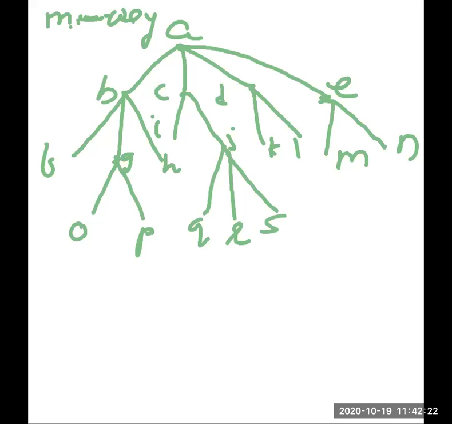So a rooted tree is called an M-array tree if every internal vertex has no more than M children. So this is a 4-array tree, because none of the internal vertices has more than 4 children.